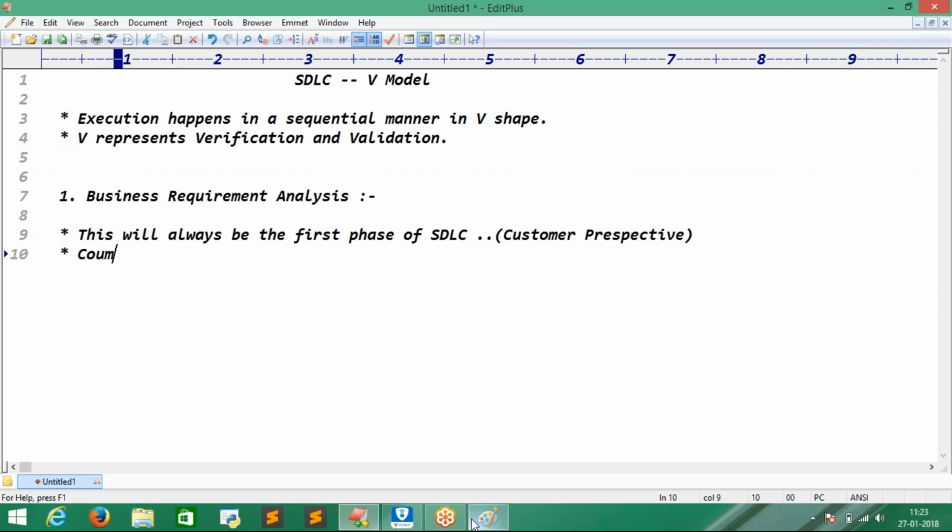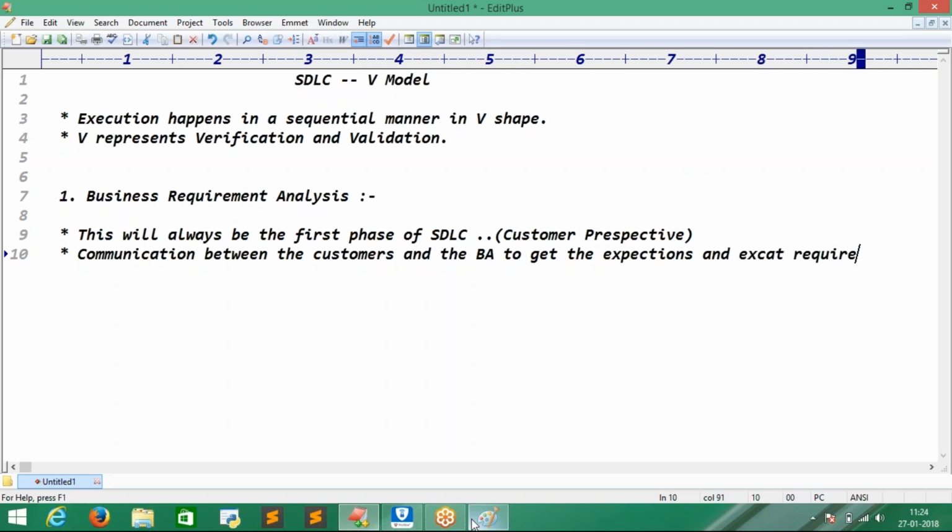Basically, communication between the customers and the business analyst of our team to get the expectations and the exact requirements.